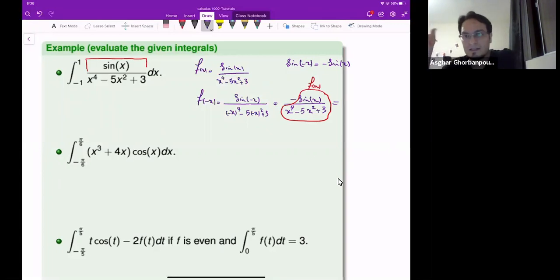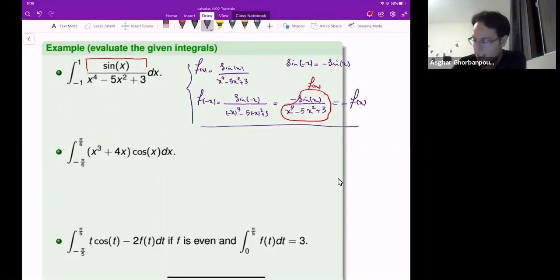Now, some strange things happen, but at the end, what came out to be true is that f of negative x is minus f of x. So the conclusion is that f is an odd function.